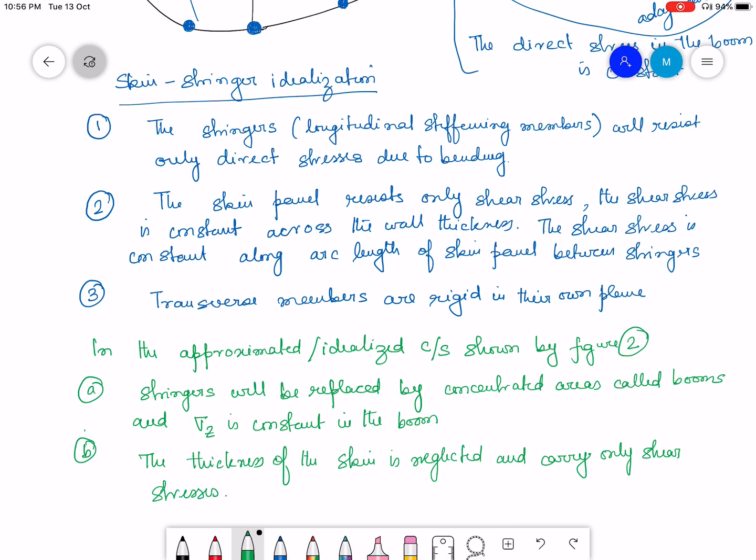So these are the main points of the approximated or idealized cross section shown by figure 2.